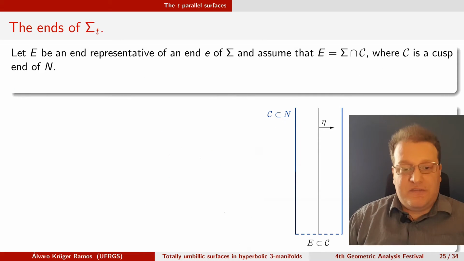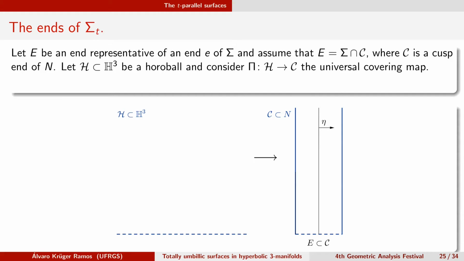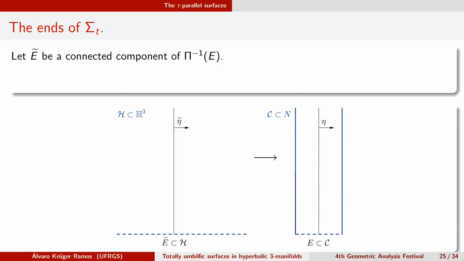So the ends of sigma go like this. The end of sigma is basically this vertical plane. It's a geodesic of the torus times R, and we can orient it with any normal unit vector field we would like. And what happens is that you take the universal covering of the end by a horoball of H3, as I described in the first video, and this totally geodesic surface actually comes from a totally geodesic surface inside this horoball.